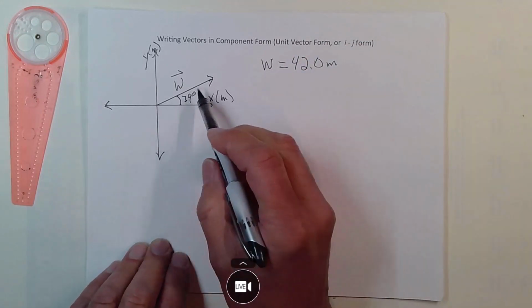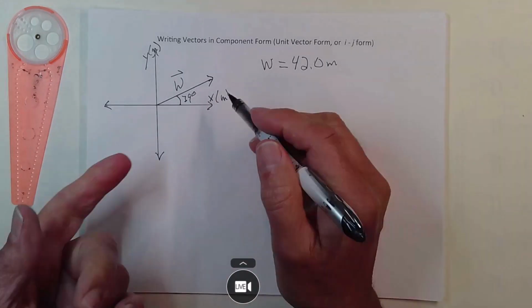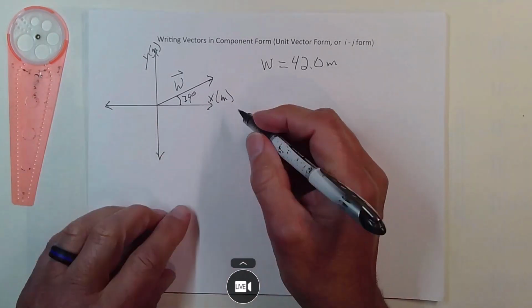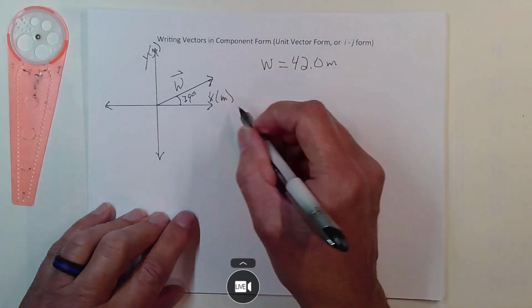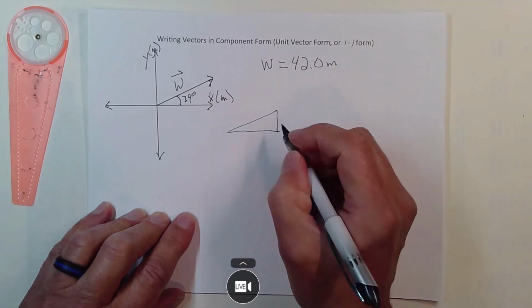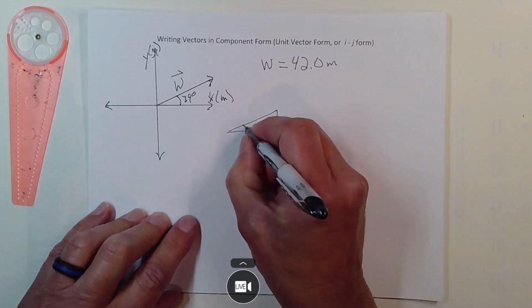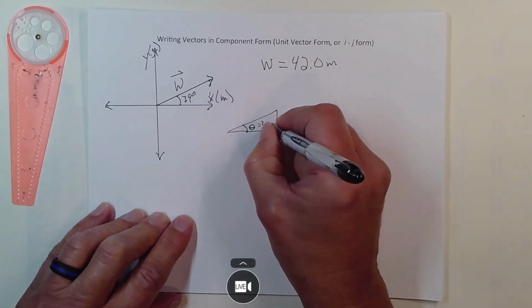So that's the length of this vector. Right. Well, what are the components of W? Well, I can do some basic trig here. I'm going to redraw it again just because it's easier to do here. Here's my angle theta, which is 39 degrees.